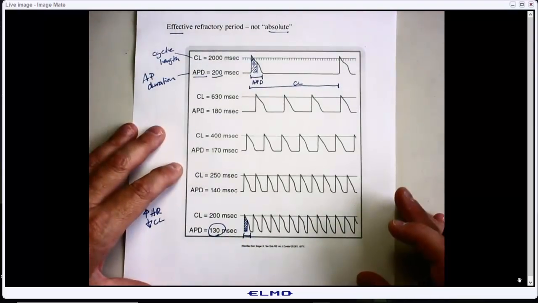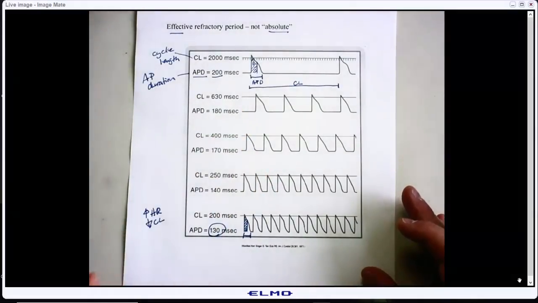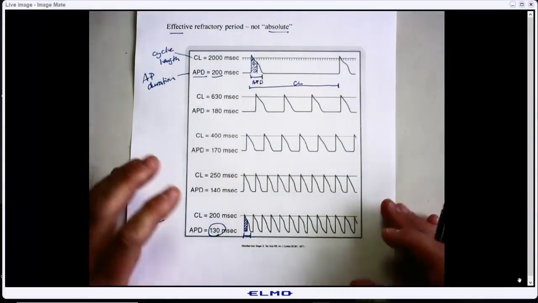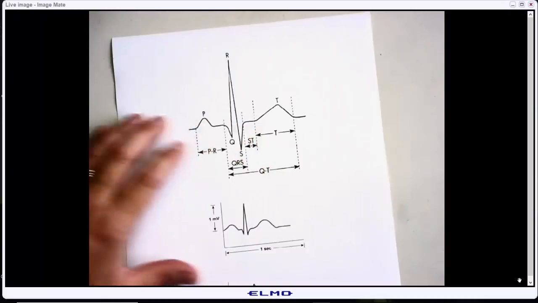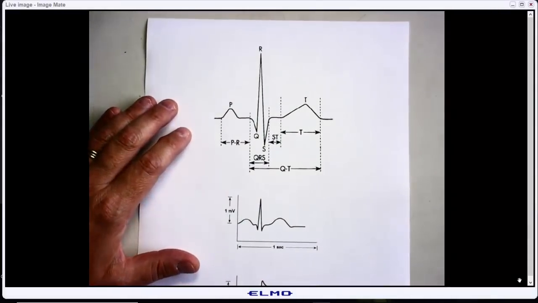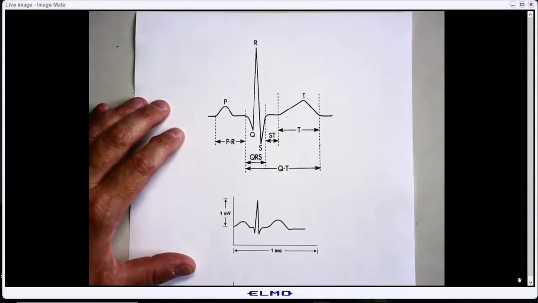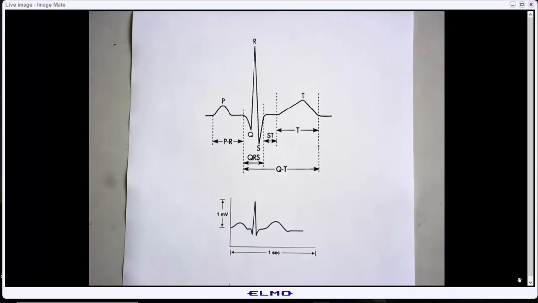Okay, so before we leave this section on the electrical nature of the heart, I'm just going to show you a little bit about how you might know the electrical nature of the heart because of more popular views on how we get information from the body in terms of its electrical nature.